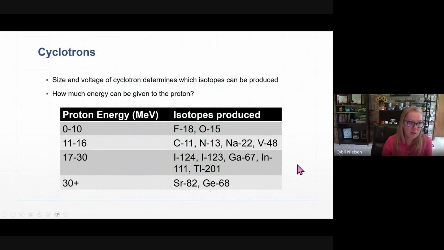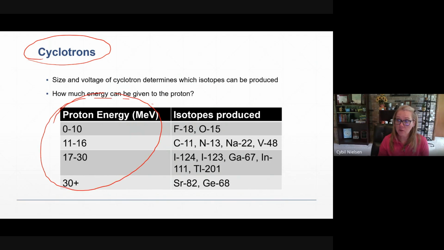So we characterize our cyclotrons based on the amount of energy given to the particle that's being accelerated. The more energy we can give that particle, the more different types of isotopes can be created. Now, you don't need to know what energies create what isotopes, but just know that the cyclotrons are defined by the amount of energy given to the accelerated particle.